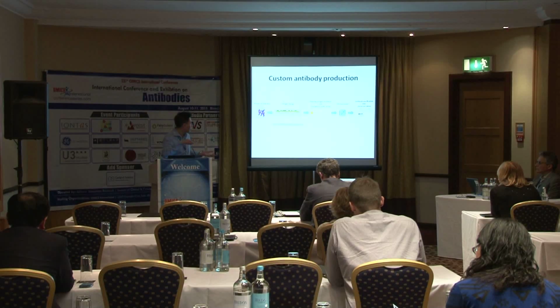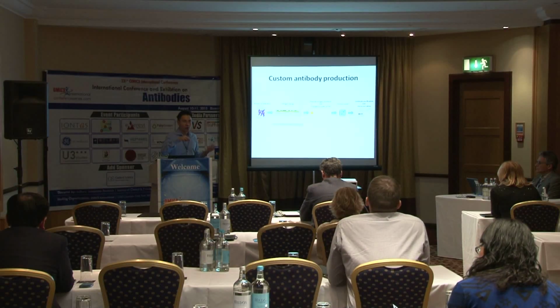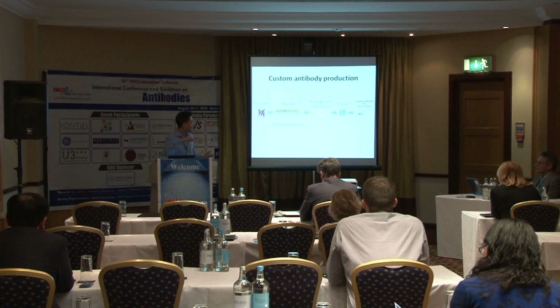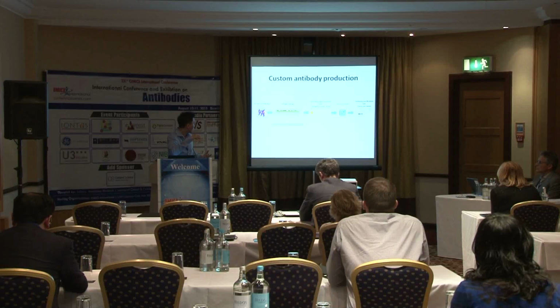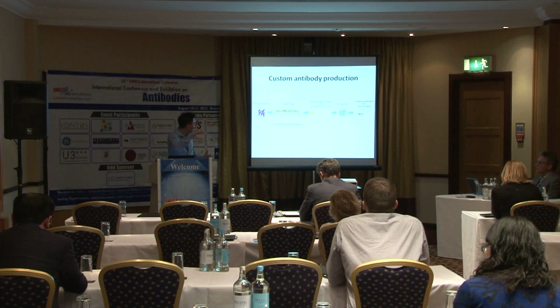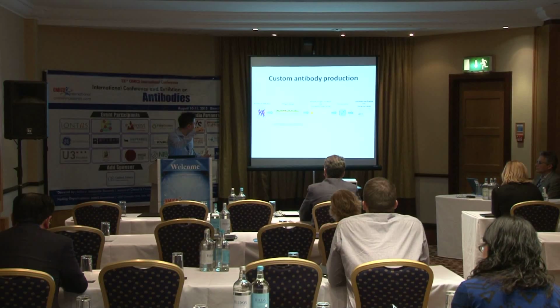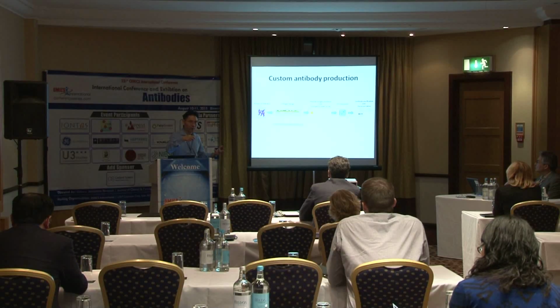Just to quickly show you the workflow: when you want to make a peptide-directed antibody, you start with the protein that you want to make antibody to. Then our tool jumps into this step, where it helps you look at what region in the protein is likely to make your antibody successful.